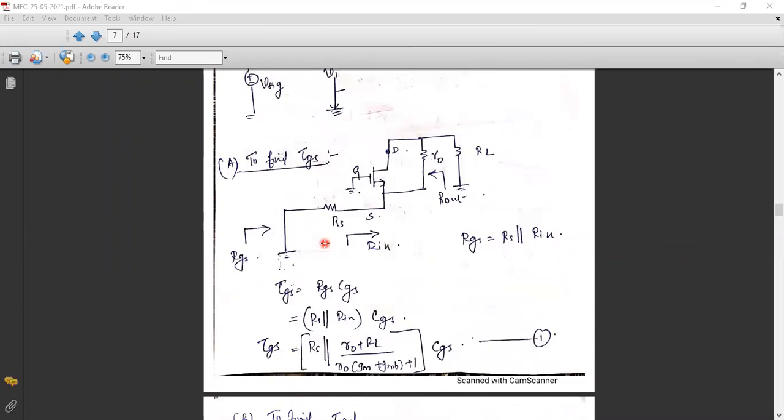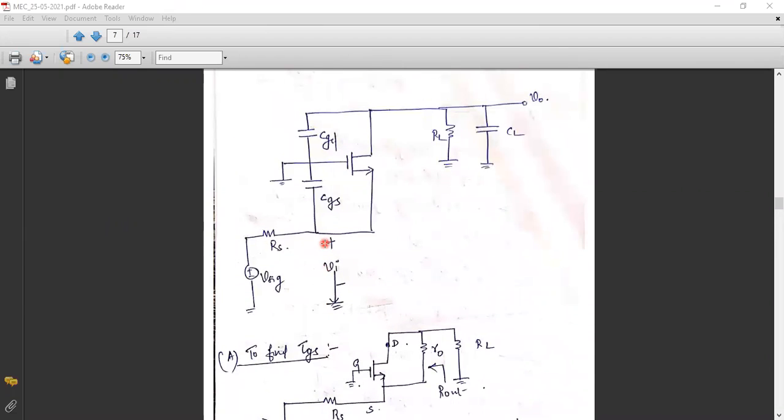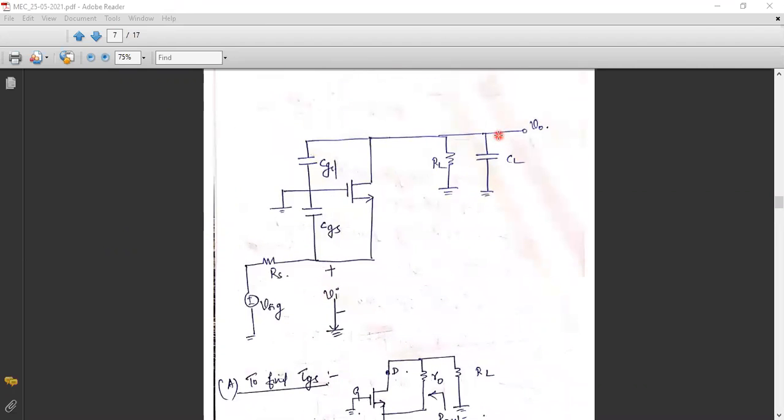Now, third case, what do we need to find? As of now, I have found tau GD and tau GS, and the third case is tau CL, because we need to find the effect of CL. If you see, CL is connected across drain and ground.